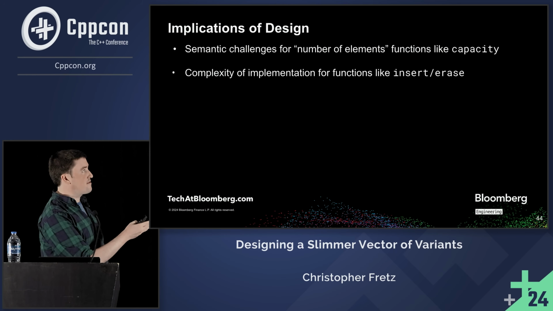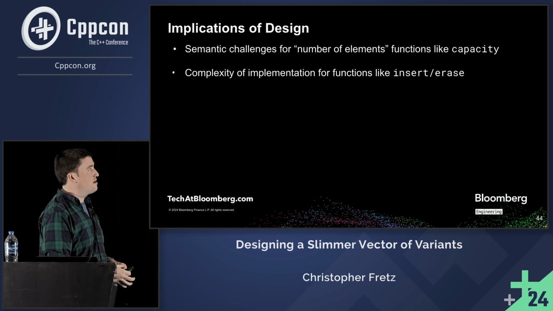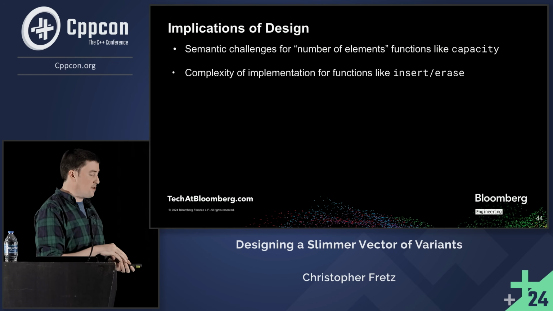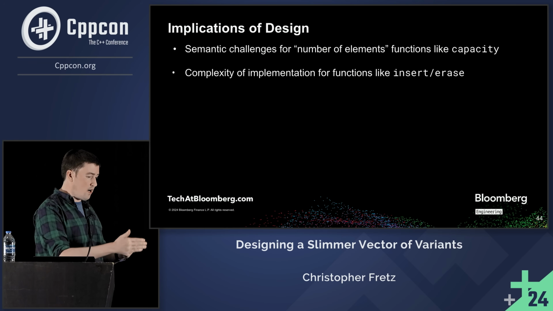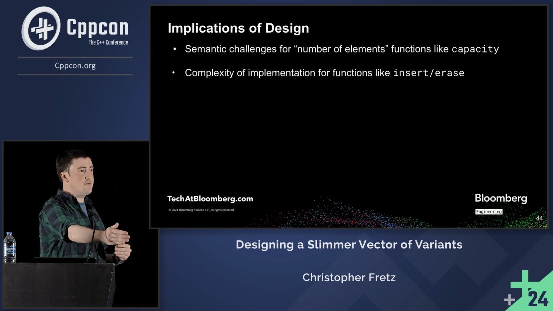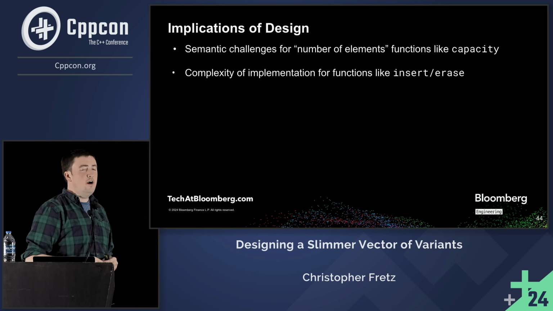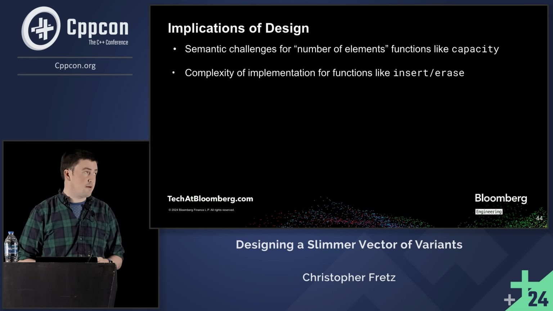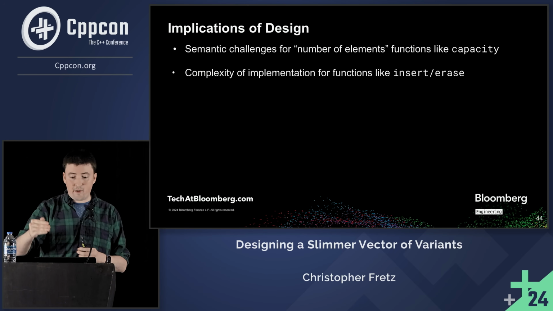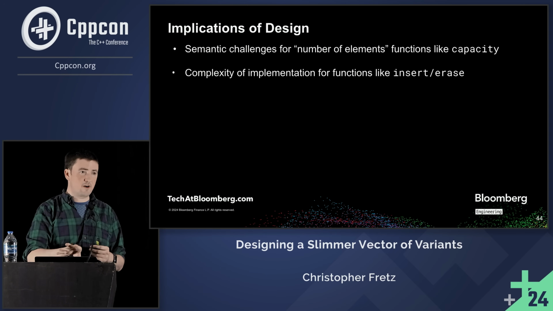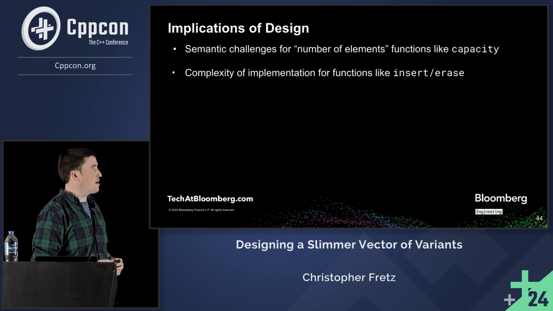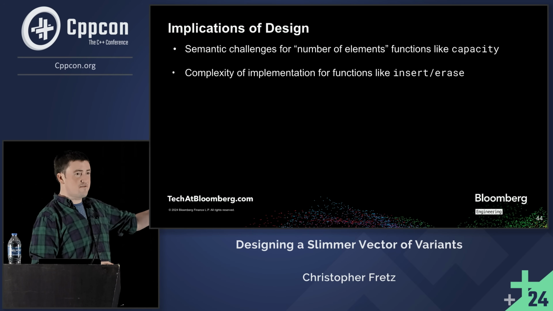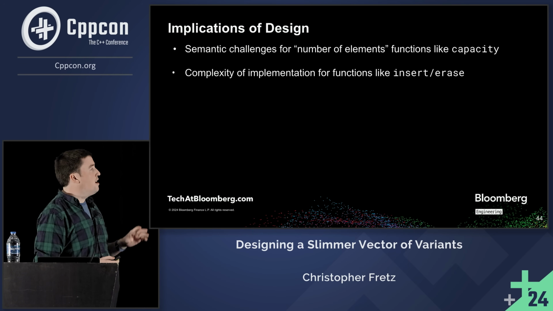And so what you actually have to do to complete something like this, to start the insert in the very beginning, you have to walk across the vector to figure out what is going to be the cascading alignment impact of this. You can then compute, how much space do I need, including the realignment that I'm going to have to do. And then you have to walk backwards over the vector and move things forward to make space for the thing that you're actually creating. So this ends up being surprisingly challenging to implement.